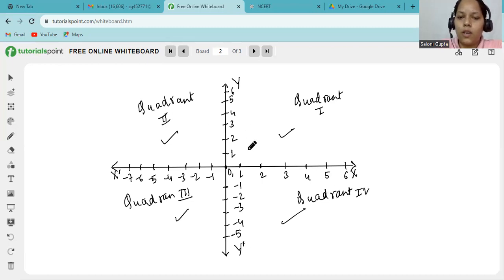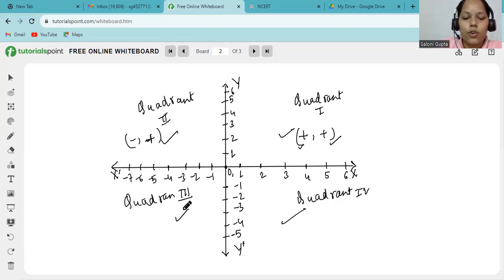Now what will be the signs? In the first quadrant, both the x coordinate and the y coordinate will be positive. In the second quadrant, the y coordinate will be positive and the x coordinate will be negative.